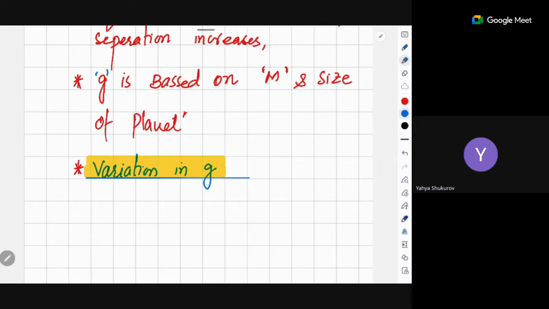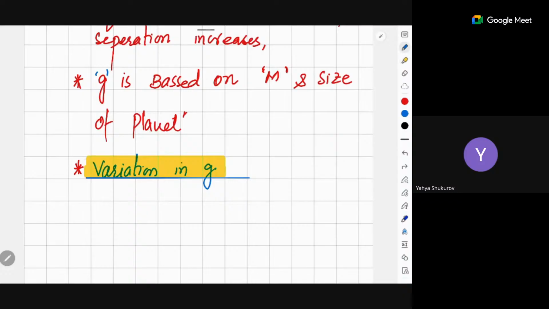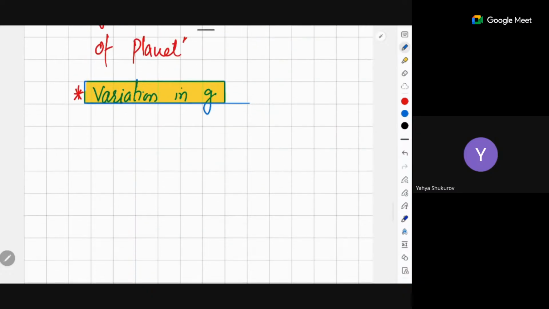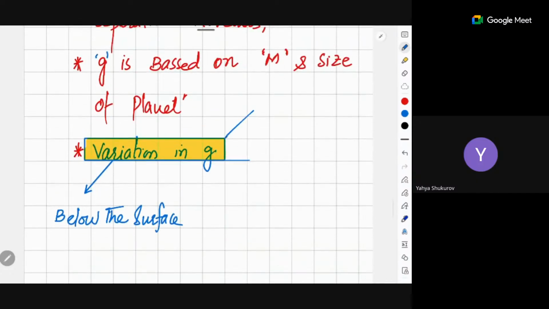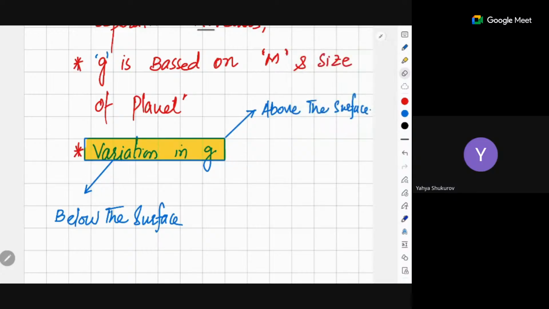These are two very important points, that the variation of G is basically of two types. So let's talk about the first one, above the surface.